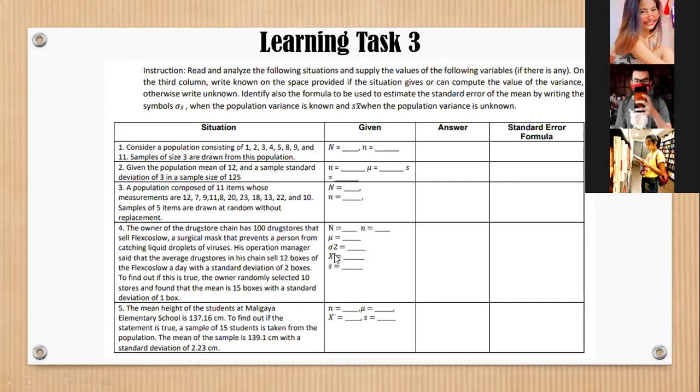Medyo nag-move lang yung bar yata niya. And then you have to answer whether the population variance is known or unknown in each situation. Yun po yung ilalagay dito sa column na to ha. Known or unknown. And then the standard error formula, if it is the sigma of sample mean or the S of sample mean. Okay po tayo doon?